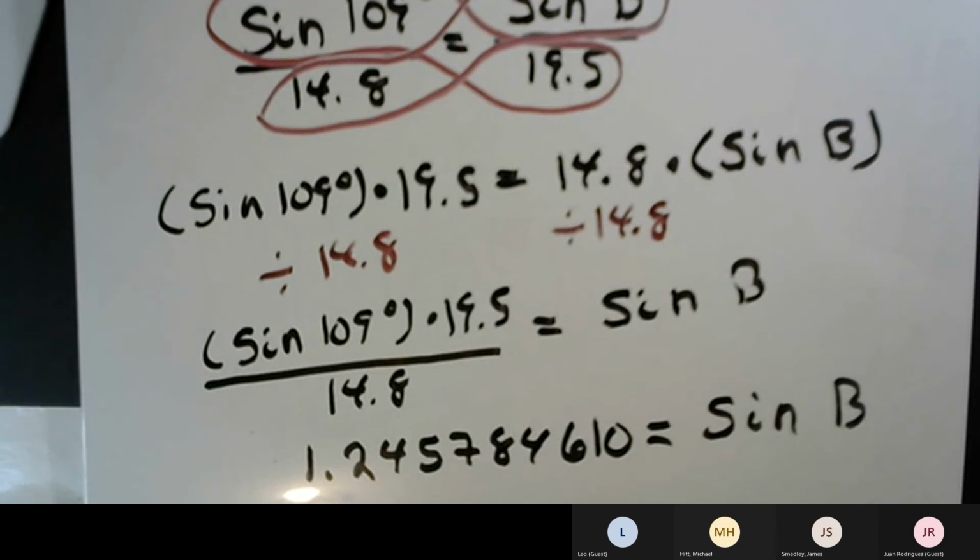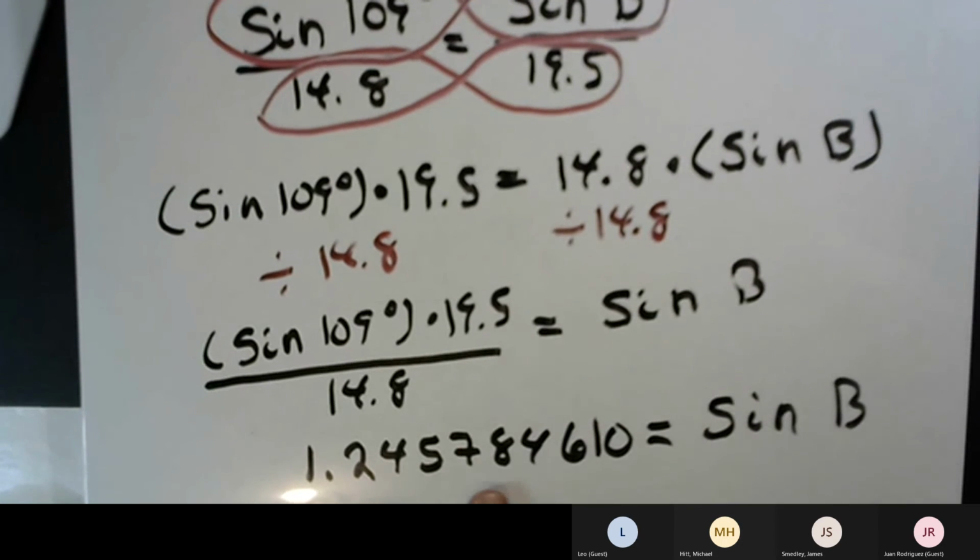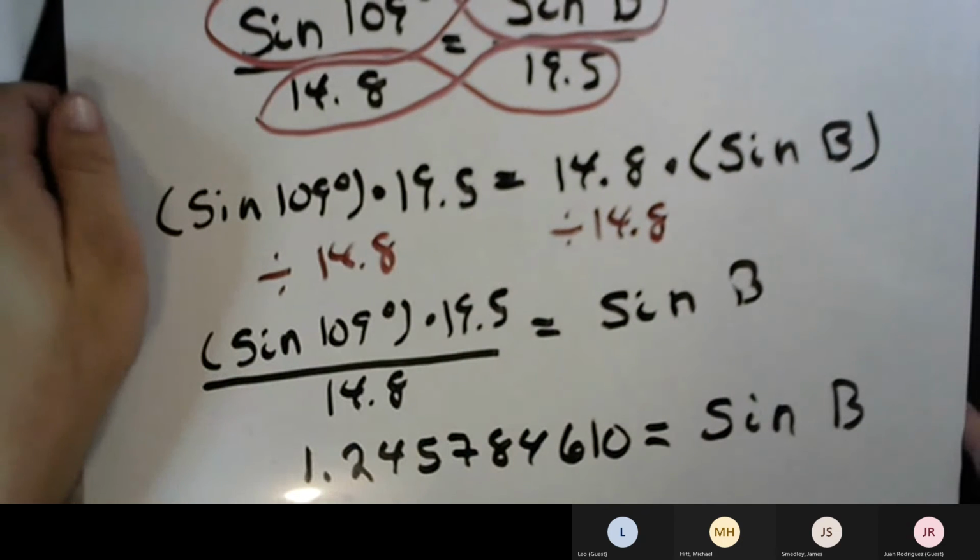To cancel sine, we're going to take the inverse sine. And what we do to one side, we have to do to the other. So we've got to bring out those inverse formulas.